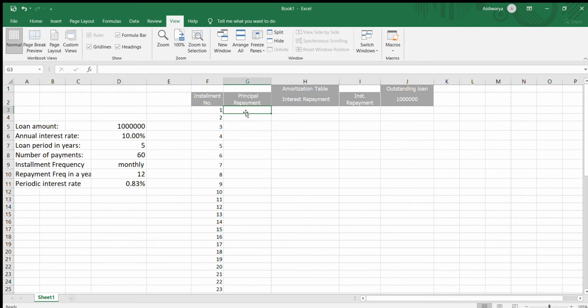Now we can find out the principal repayment. So the syntax for the principal repayment is equals PPMT.